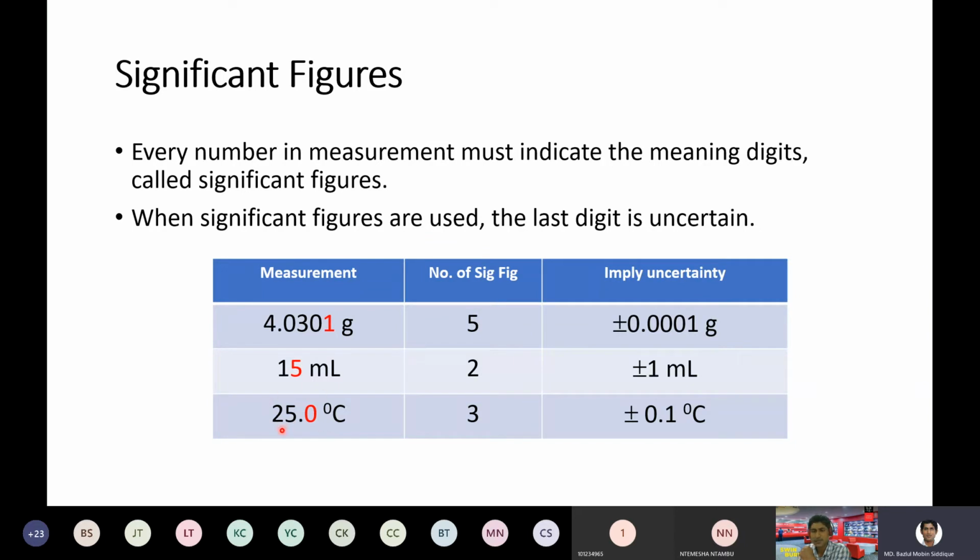But for this 25.0 degrees centigrade, when I tell you that today the temperature is, let's say, 30 degrees centigrade, you know, and I know, that he or she will assume the temperature is around 30, not exactly 30. But when I say today the temperature is 30.1 degrees, you know that there is no question about the 30, but maybe 0.1, maybe 0.2, right?